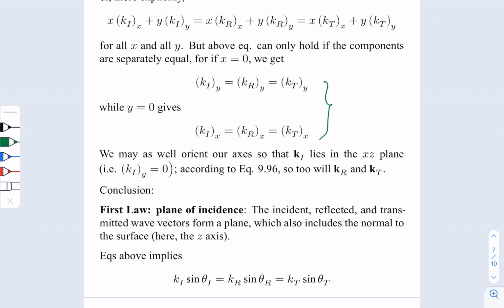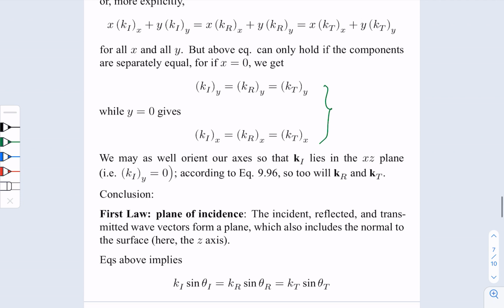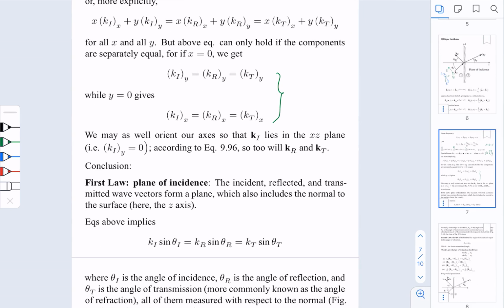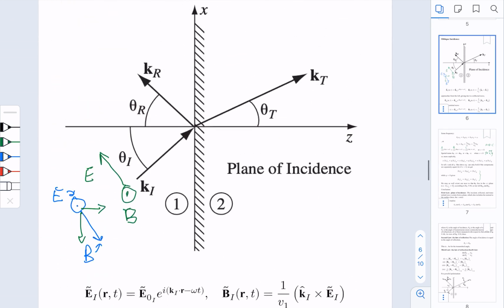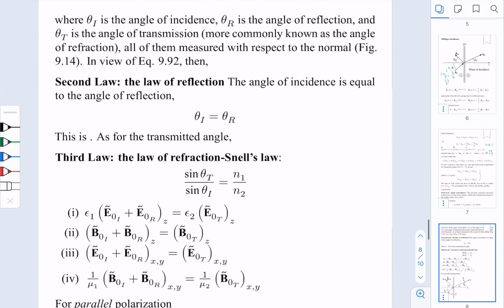If the boundary condition is satisfied, then these two expressions have to be satisfied, which means that if you look at how this kix translates, it translates back to this picture.